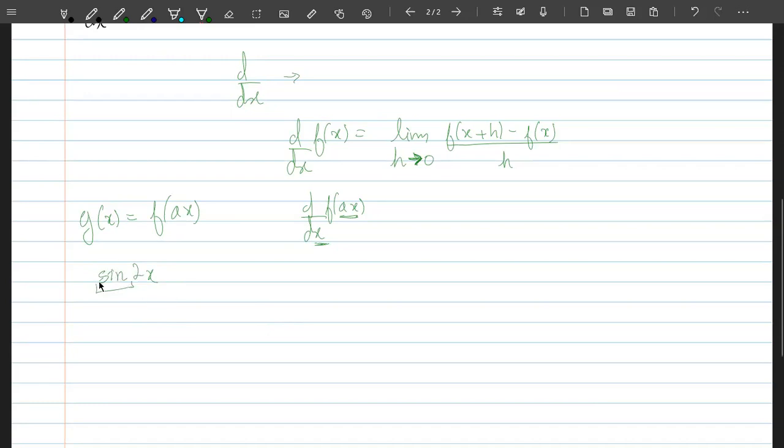So we tend to think of sine as the basic function f and sine 2x as something modified from the basic function sine x. You take sine x and multiply its argument by 2, not multiply the result by 2, multiply the argument by 2. That is what gives you this new function. But this is also a function on its own, although it may not have a special name. So we can say g of x is equal to sine 2x, and this defines a new function.